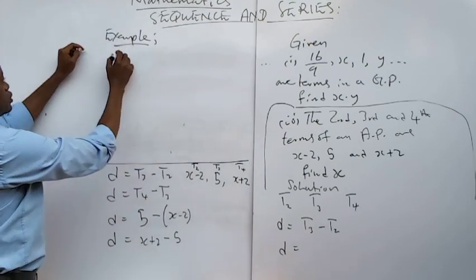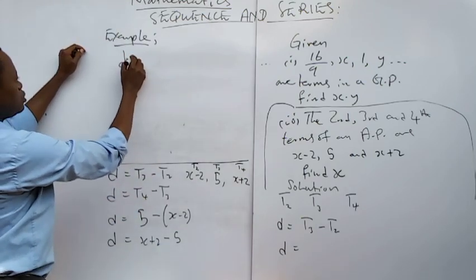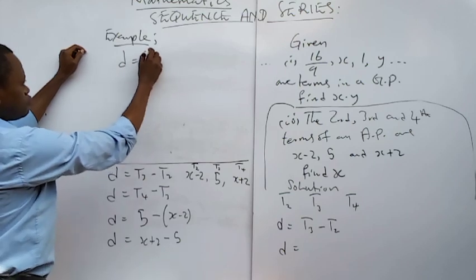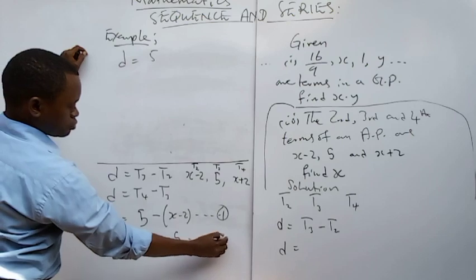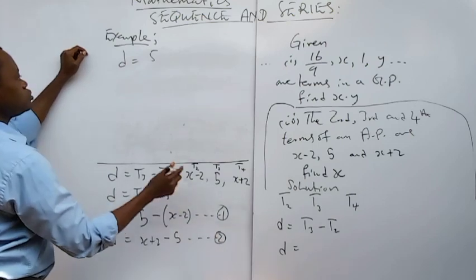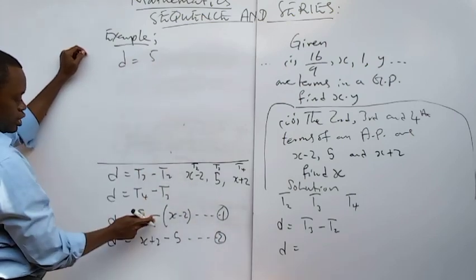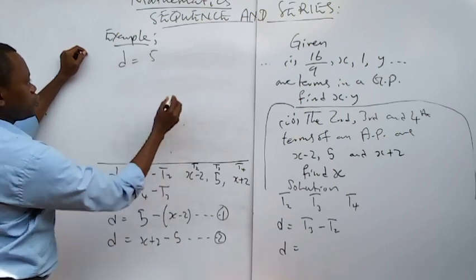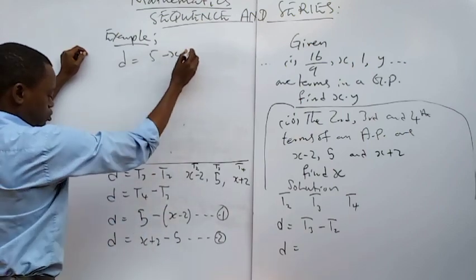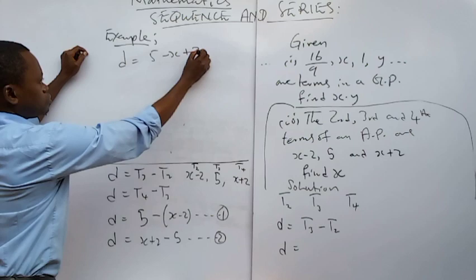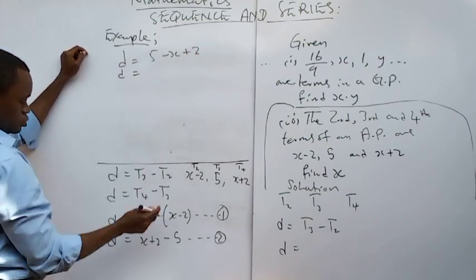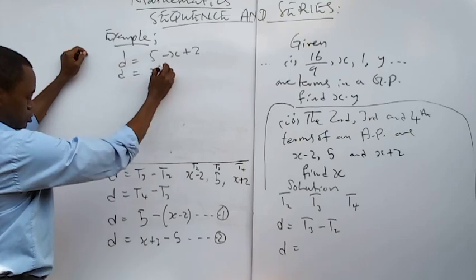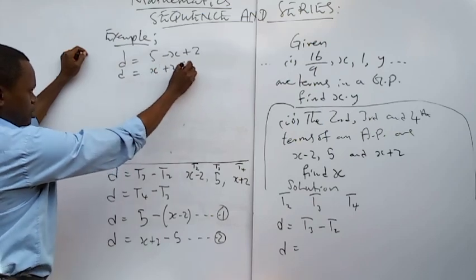So do you realize that D being equal to 5, the first line, let me call this equation 1 and then equation 2. The first line, D is equal to 5 minus x plus, because if this enters here, it becomes plus 2. And this is also D being equal to x plus 2 minus 5.